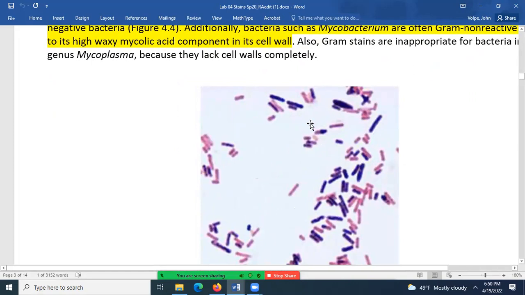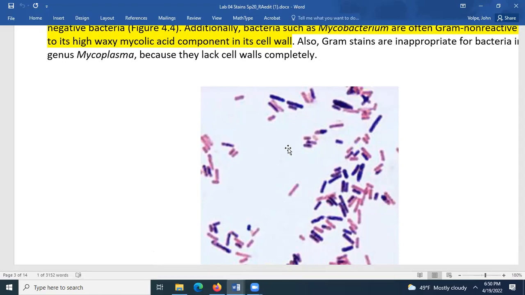What do you notice between this cell and that cell? Come on, somebody's got to see it. All right, I'm not getting any answers, but think about it because I'm not going to tell you. You guys have to supply some answers when I ask questions.